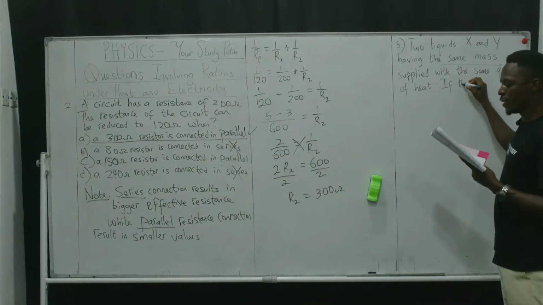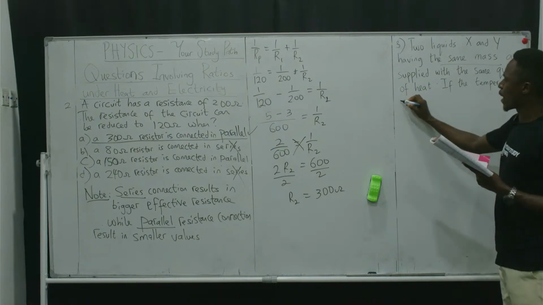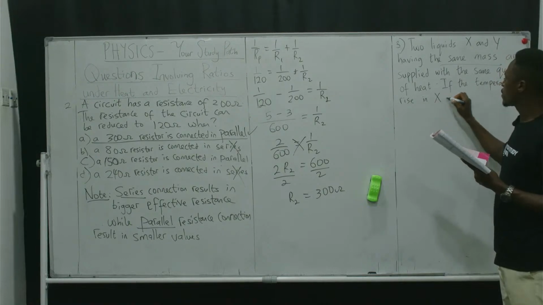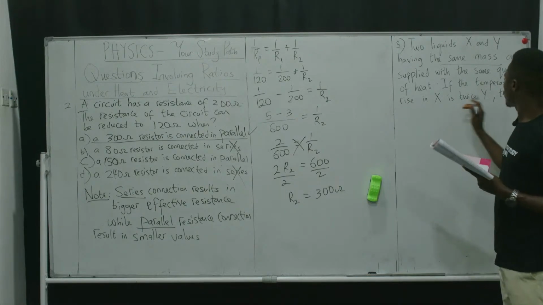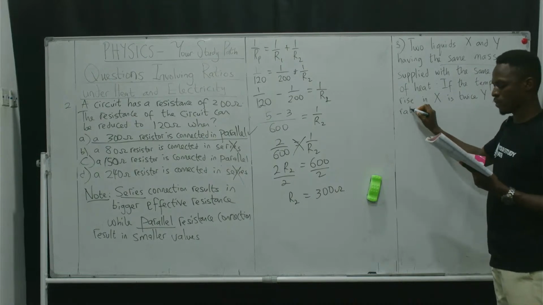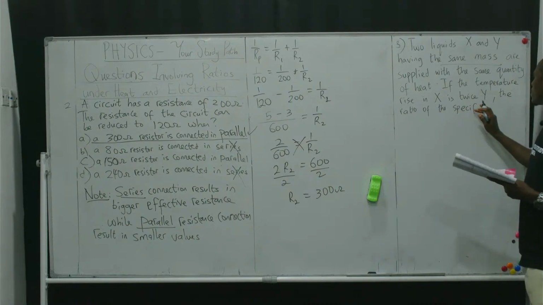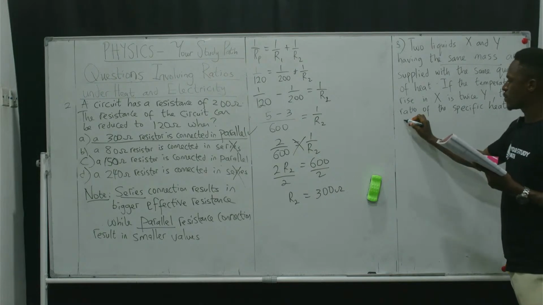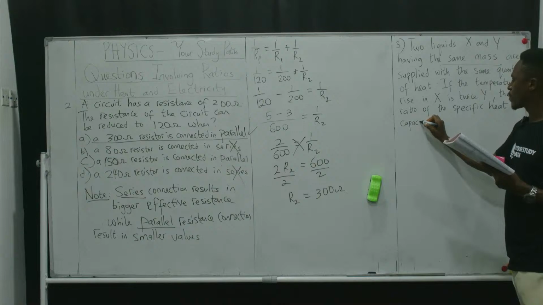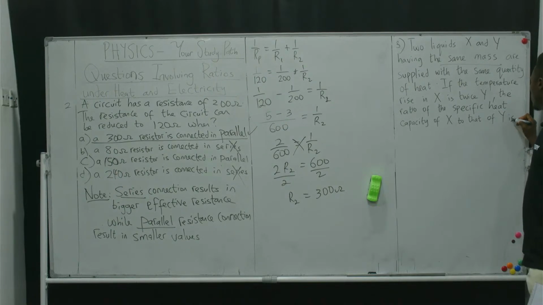Full stop. If the temperature rise in X is twice Y, the ratio of the specific heat capacity of X to that of Y is question mark.